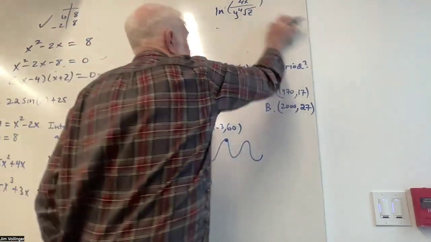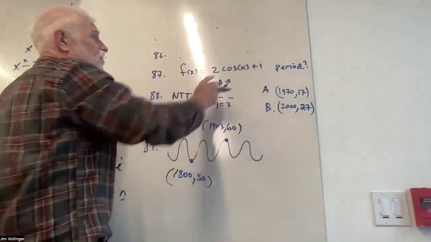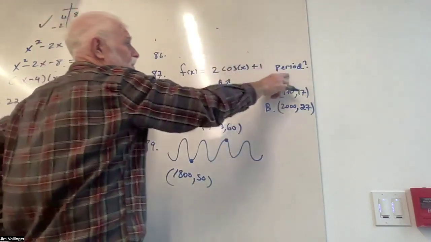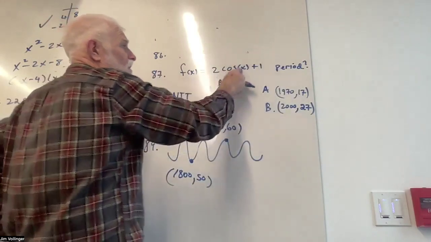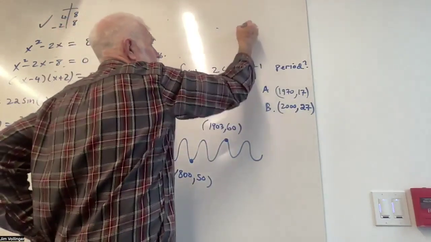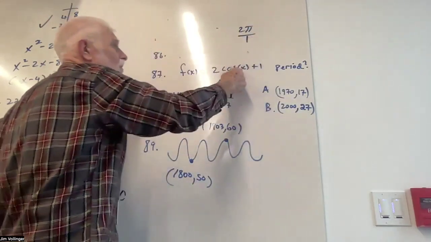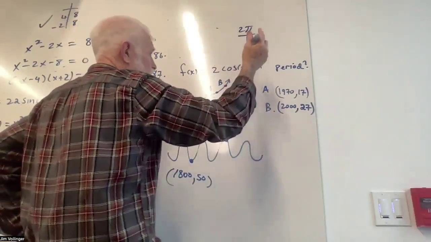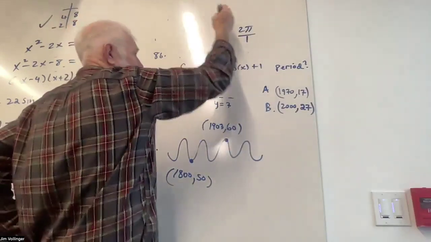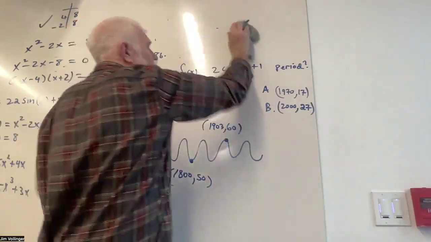All right, that's gone. So I'm looking for the period. The period of this function is just 2 pi. The multiplier in front of x is 1, and you divide that into 2 pi. I don't know why I didn't put a number in front of this. I should have, but I didn't. So this is simply the graph. Should I do the graph real quick? Sure.